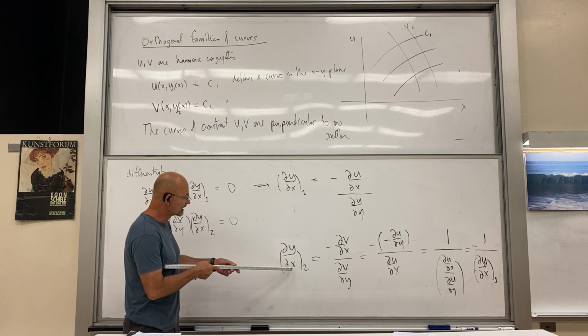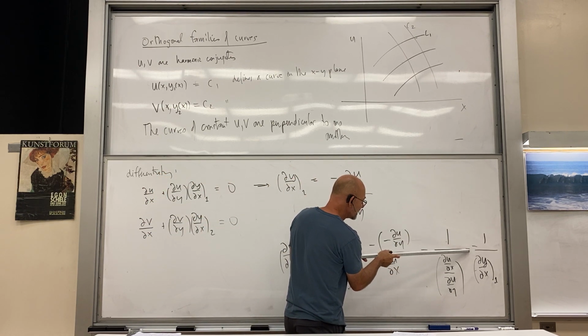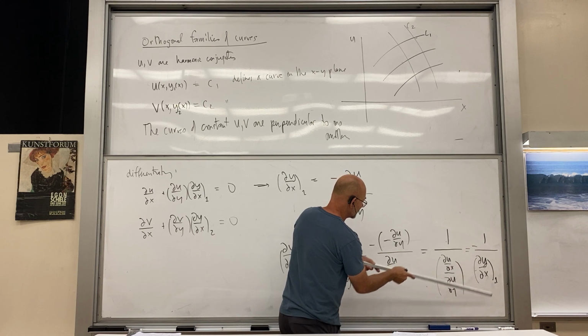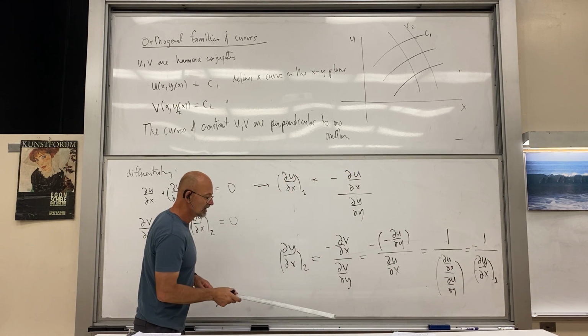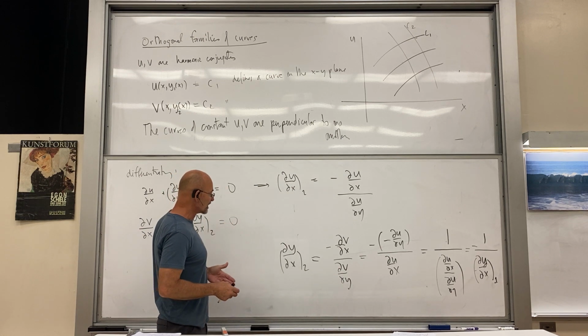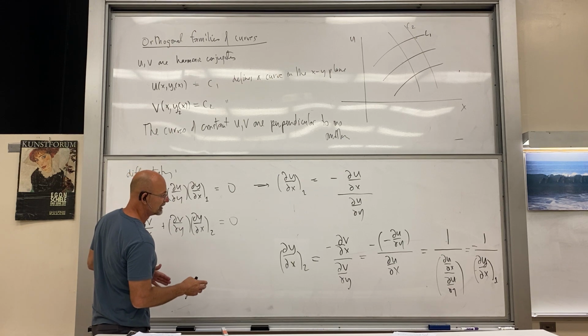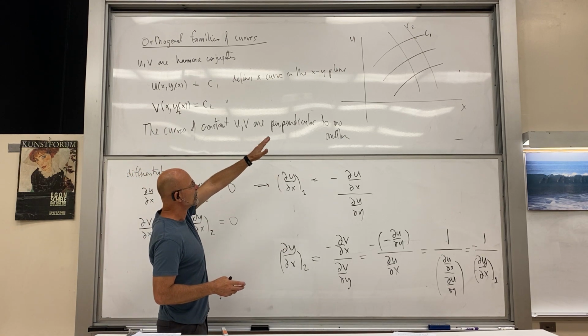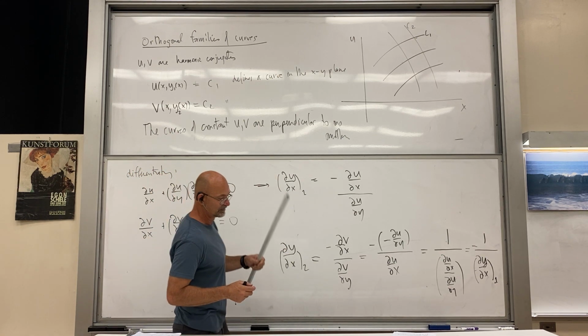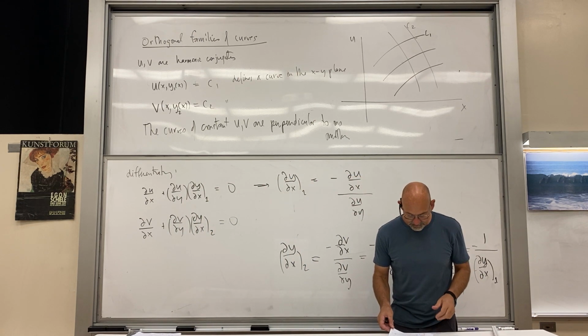Okay, dy dx sub 2 is the negative of the inverse of dy dx sub 1. So that's the formula from just regular algebra, and that tells us that those slopes are related in that way, and therefore those are perpendicular lines. So good, we've got the perpendicular lines.